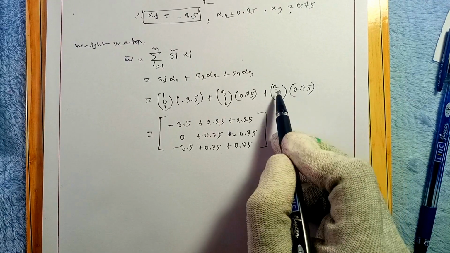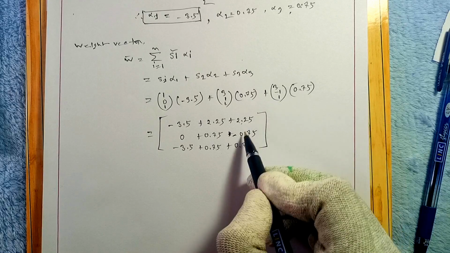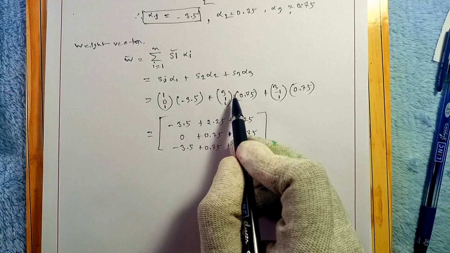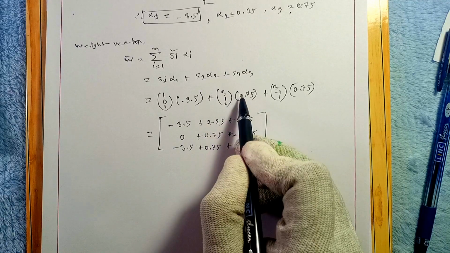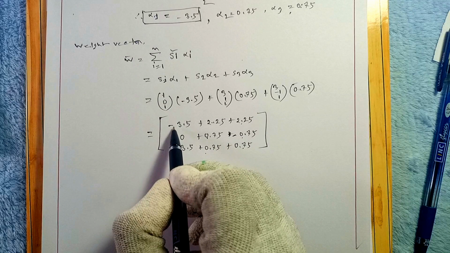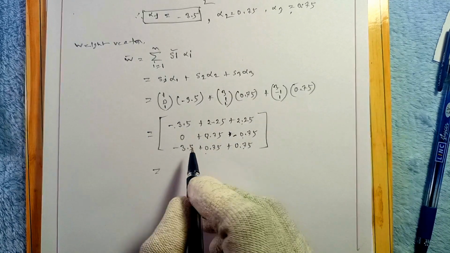We just multiply 3 with this value, minus 1 with this value, and 1 with this value, according to this one. Okay, so we got our value.